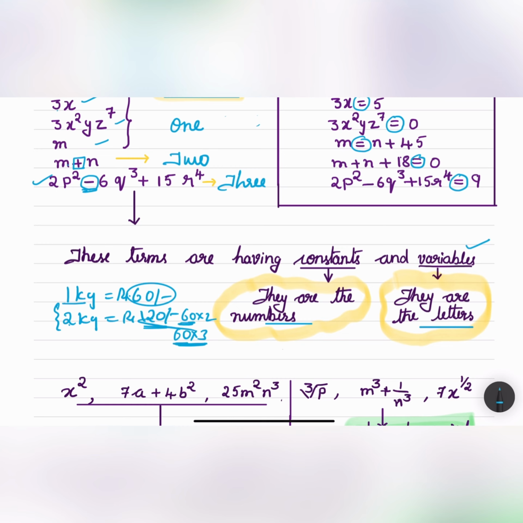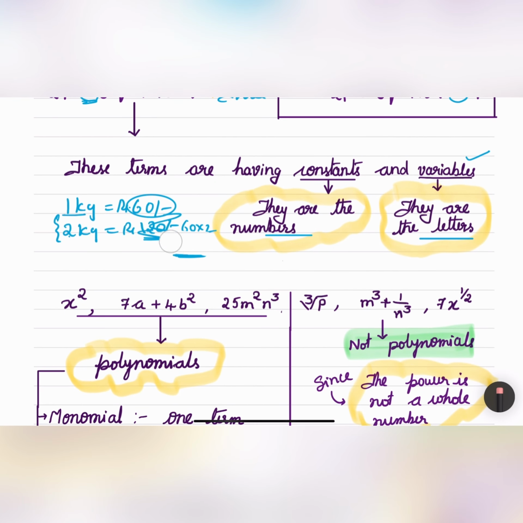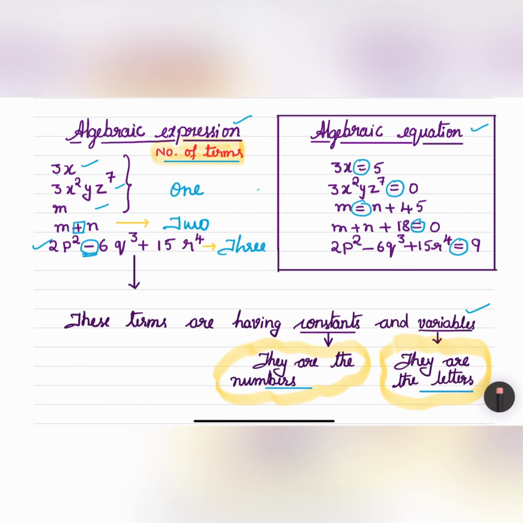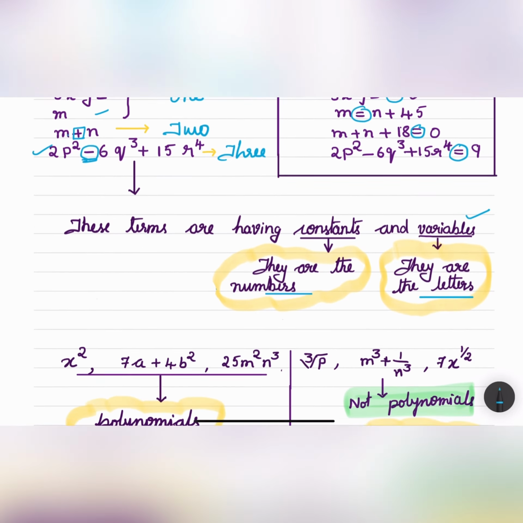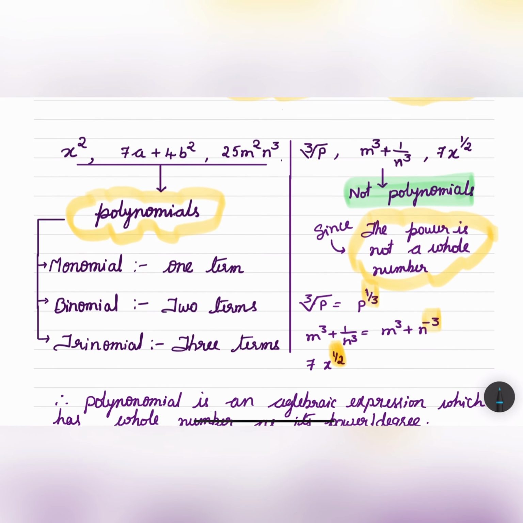Now let us take a look at what is a polynomial and what is not a polynomial. Every algebraic expression is not a polynomial. I have given the examples: x square, 7a plus 4b square, and 25m square n cube.